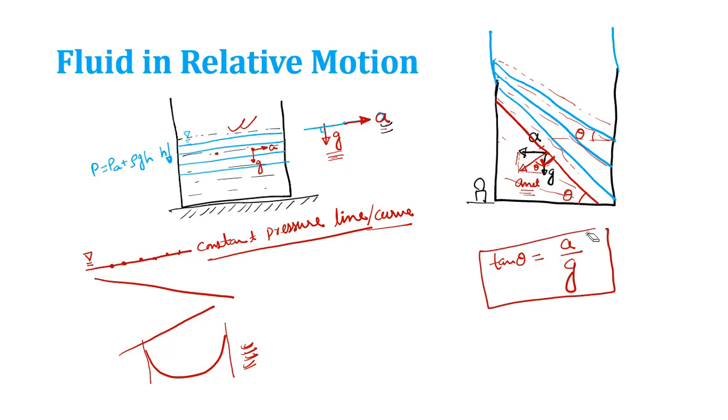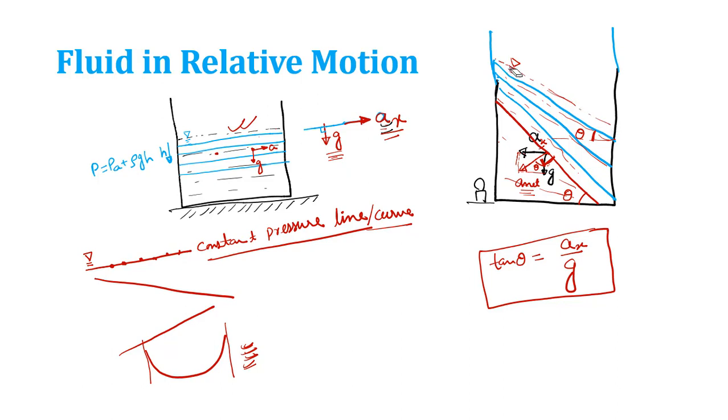So when the bucket moves with an acceleration A in this direction, then this will be the constant pressure line and its angle will be theta. So tan theta can be calculated from A upon G. Let's suppose we call this term AX. And this will be a new free surface because on this surface the pressure is constant.